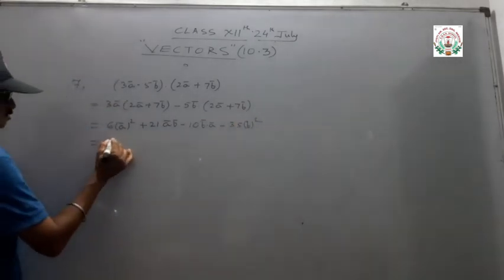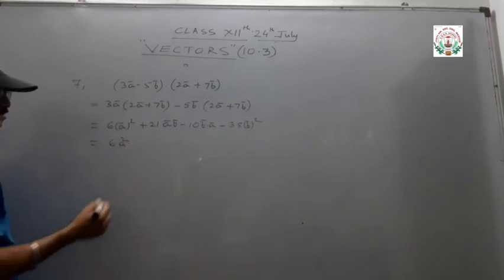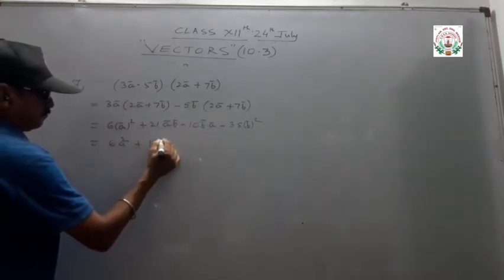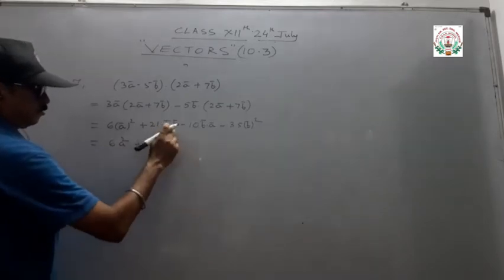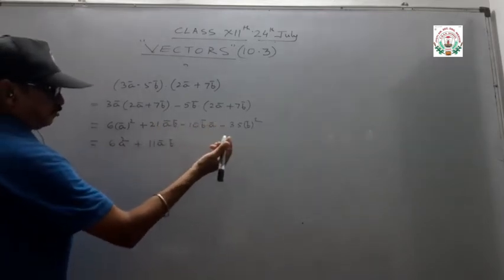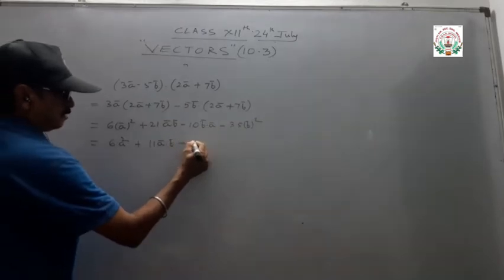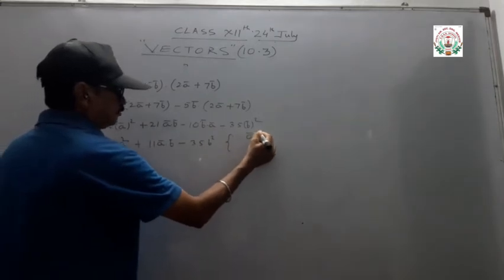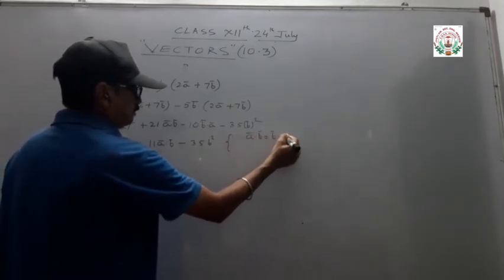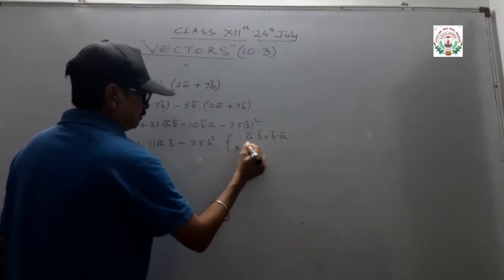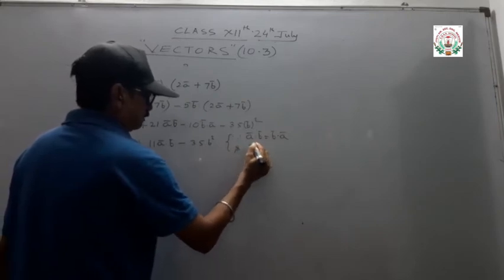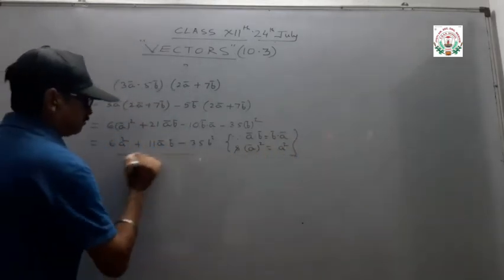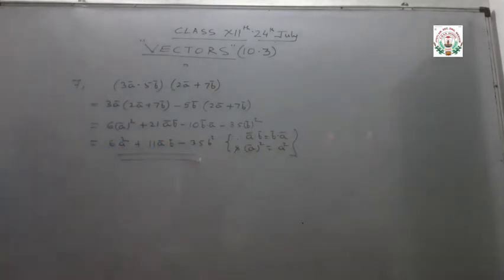Which is equal to 6 a square, plus 21 minus 10 is 11, a vector dot b vector, since a dot b is equal to b dot a, the commutative law is followed, minus 35 b square. As we know that a dot b is equal to b dot a, and the square of the vector is given by simply a square. So this is our final answer for the 7th question.